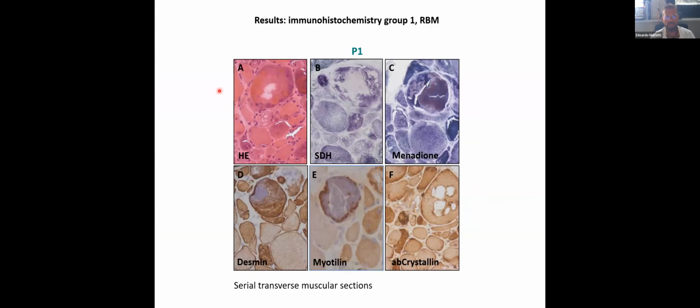We then wanted to characterize better these protein aggregates doing immunohistochemistry on serial sections with different antibodies for the intermediate filaments. And when we analyzed the combination of an alpha-glycerophosphate menadione staining with desmin, we found that the desmin is found specifically around the reducing body.